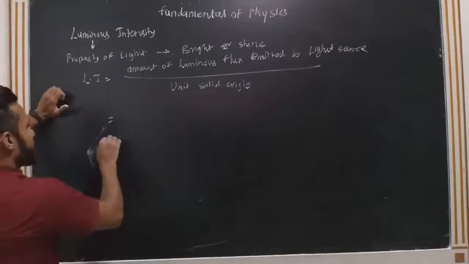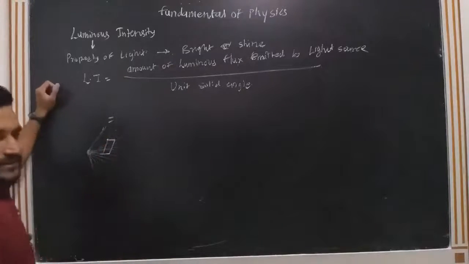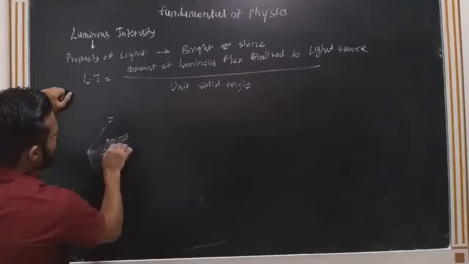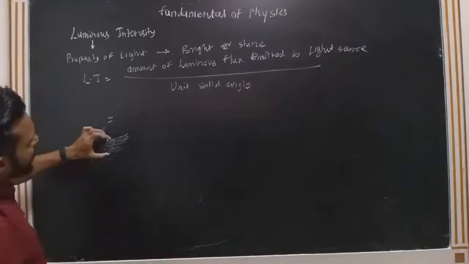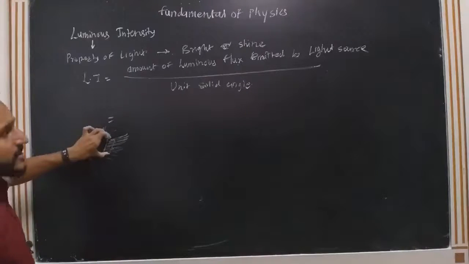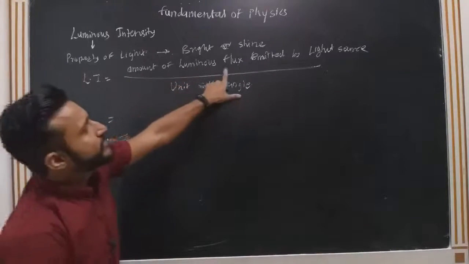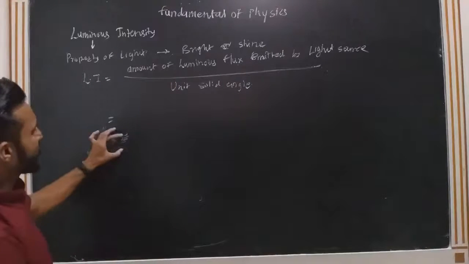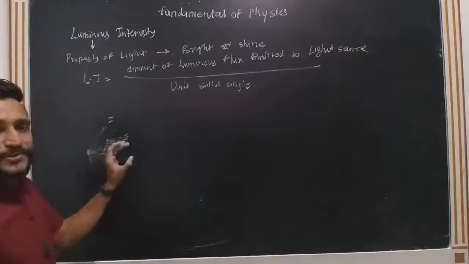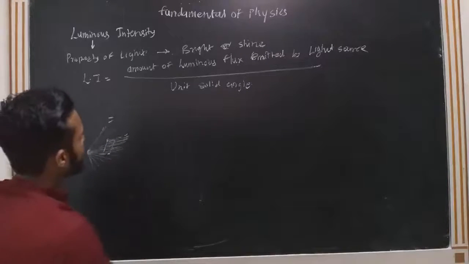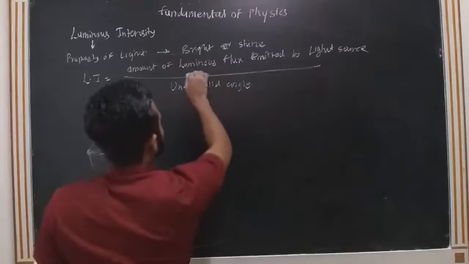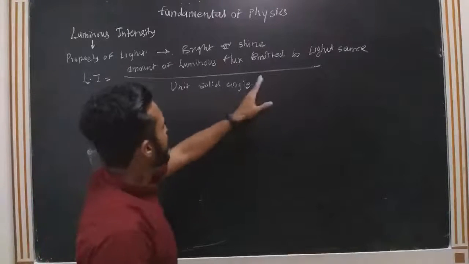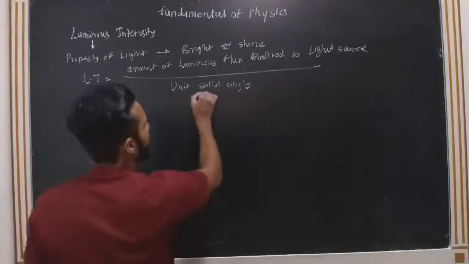If you consider a unit area here, whatever light radiation is emitted from this unit area is known as the luminous flux. The amount of luminous flux means the number of radiations emitted per unit area. So this amount of luminous flux is emitted per unit solid angle.